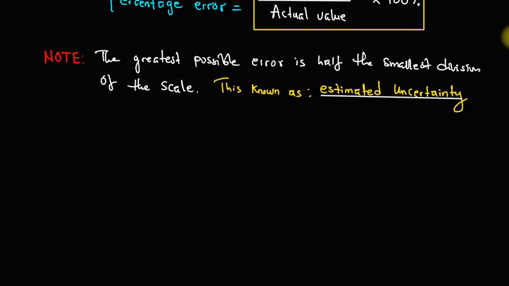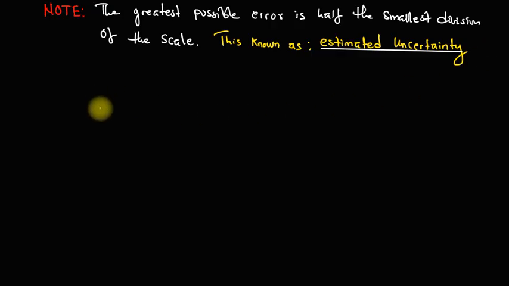Okay, so in the previous example, we just talked about the height of a boy. We just talked about one dimension.